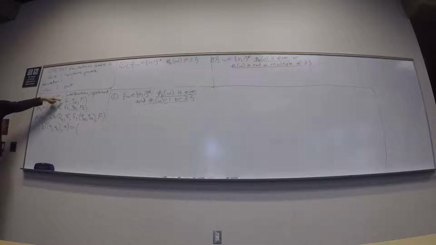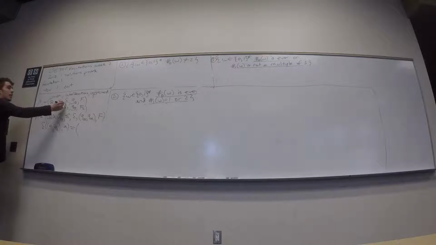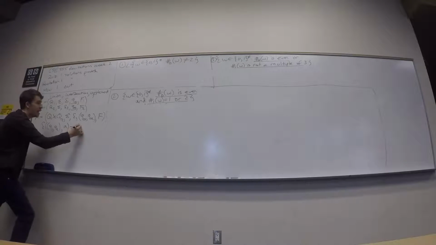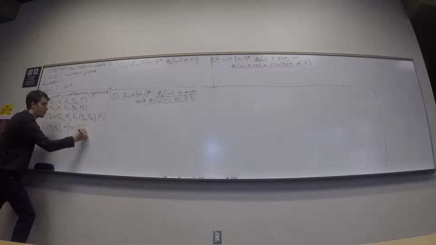I look in the transition function of the first machine. What state was I in of the first machine? It's not a rhetorical question. What state was I in the first machine? Q1. So I look up in the first transition function with Q1 and A, and that's where it takes me.